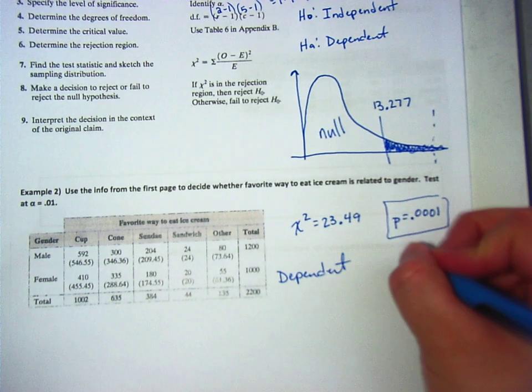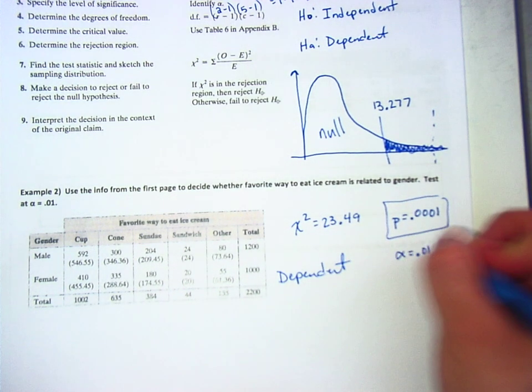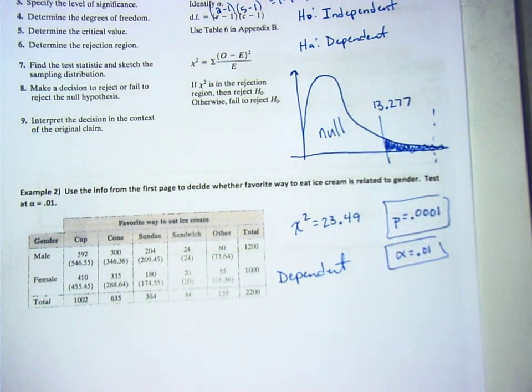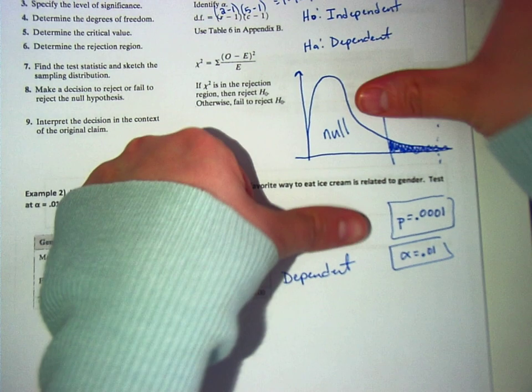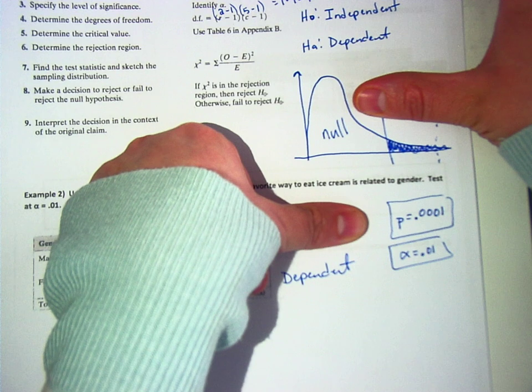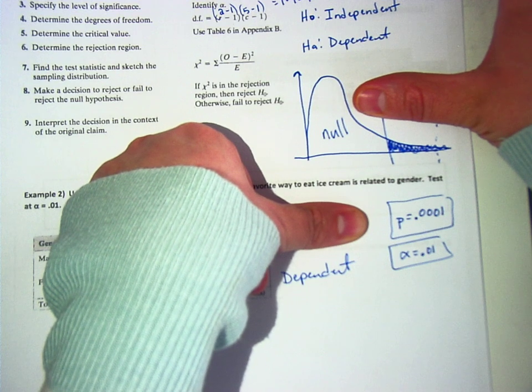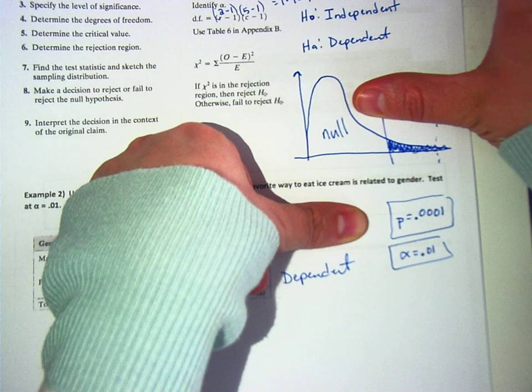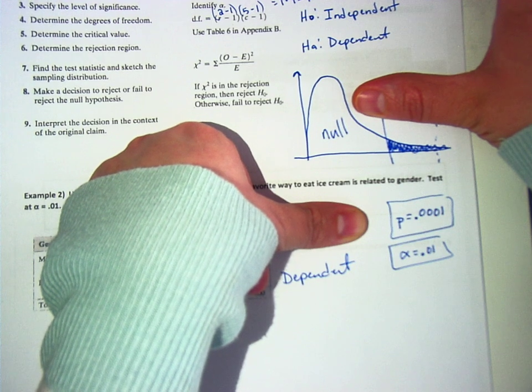If I had said alpha equals 0.01, but your p-value ends up being 0.0001, accept or reject? And I didn't tell you H sub O and H sub A. Do you still know them? The question is, do you understand p-values and alpha and when to accept and reject?